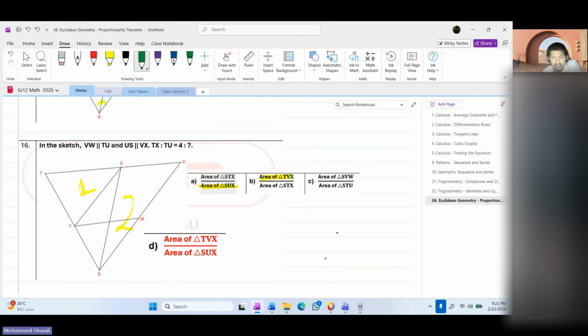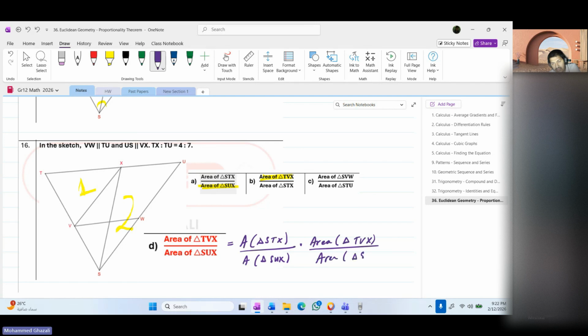So see, area of triangle STX over area of triangle SUX, multiplied by area of triangle TVX over area of triangle STX.